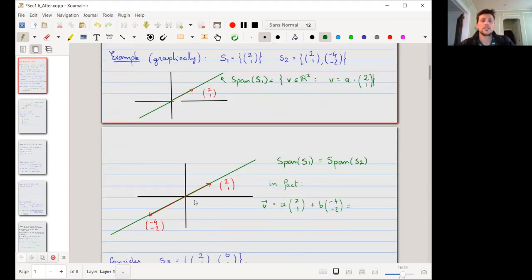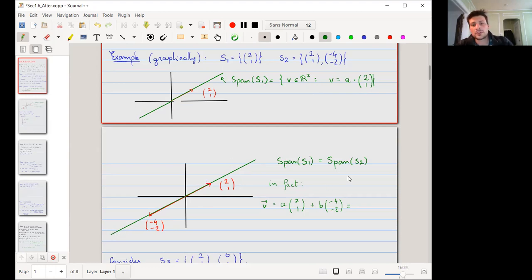Here's an elaboration on this example. What if we were to consider the span of the set S2 that contains (2, 1) and (-4, -2) as its vectors? It's drawn here graphically. There's (2, 1) and there's (-4, -2). You see that they're parallel vectors. They have the same direction. And in fact, the span will still contain only the vectors that are on this line.